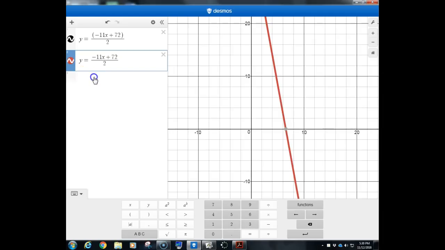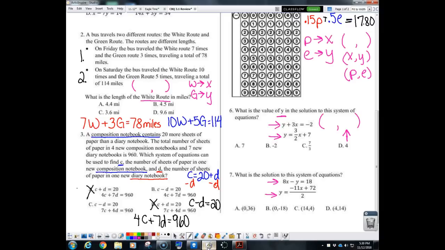So again, if you didn't pay attention, it's y equals, and then hit the divide first. Then on the top, you would put everything, and on the bottom, you would put 2. Okay, so once you do that, box 1 and then box 2, you're going to find your solution, and it should be one of these 4. Alright?